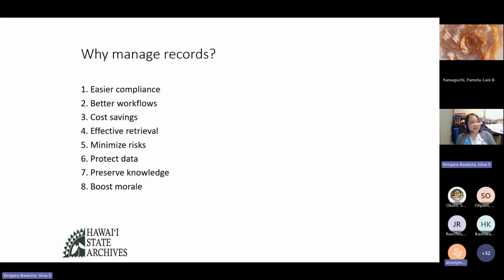Things that we don't need have been destroyed in accordance with a retention schedule, and things that we need in office are protected from theft. They're protected from inadvertent deletion and improper access. And the records are true, correct, and are verifiable that are created by or received by our agency.